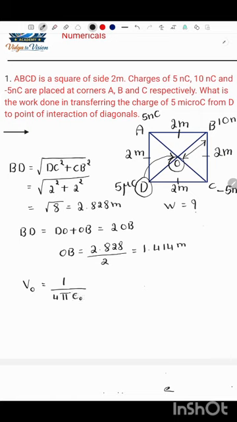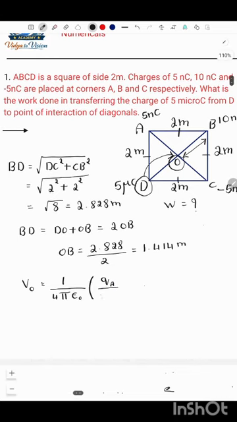Here the charges are placed at three corners, A, B and C. Therefore I will write QA by AO, the distance of charge QA from the intersection of the diagonals. The second charge is QB divided by OB, the distance from the center, and for the third charge QC by OC.